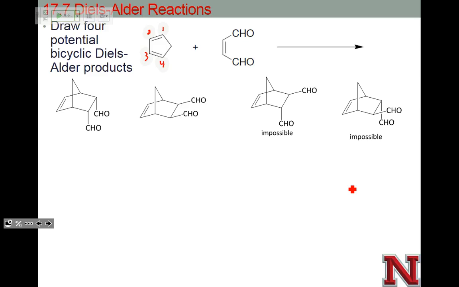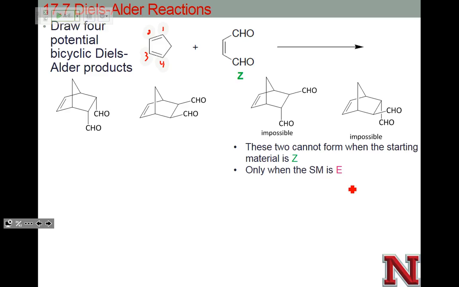So we can't form our trans product. Because, in this case, we're starting with the cis dienophile, we can only form the 2 possible products where our groups are cis. So these 2 are trans, they're impossible. We're not going to see that because of what we're starting with.